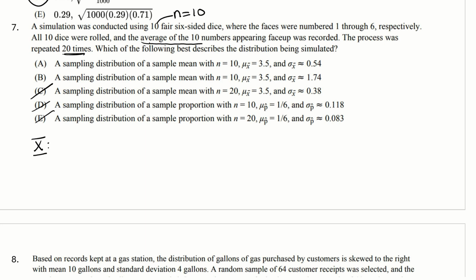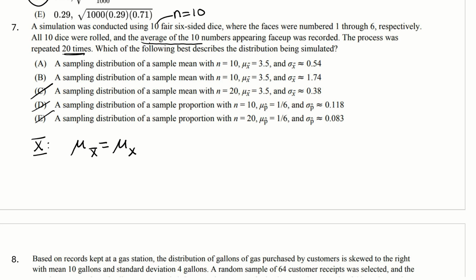So the mean of this sampling distribution is equal to the mean of the original distribution, which is just x. Okay. So what is the mean of x? Well, the mean of x is just the mean of a die, right? So the average for the numbers on a die.